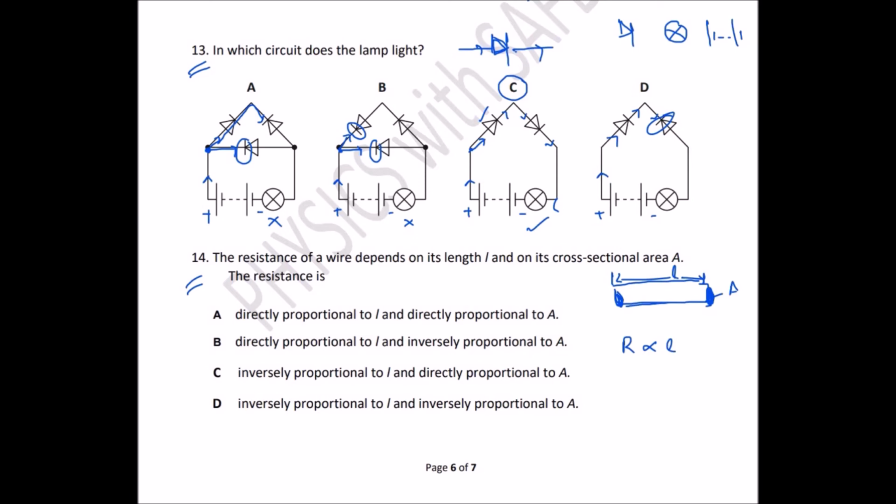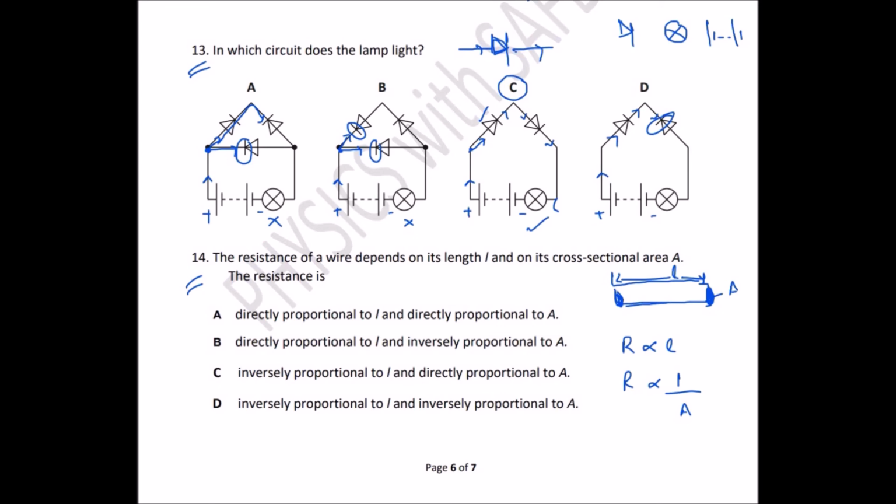That means a long conductor provides high resistance. Then, resistance of a conductor is inversely proportional to the cross-sectional area. That means a thick wire gives low resistance and a thin wire gives high resistance.